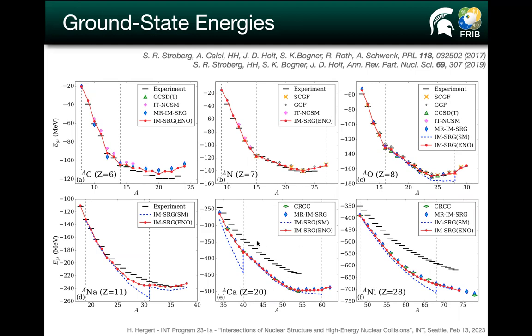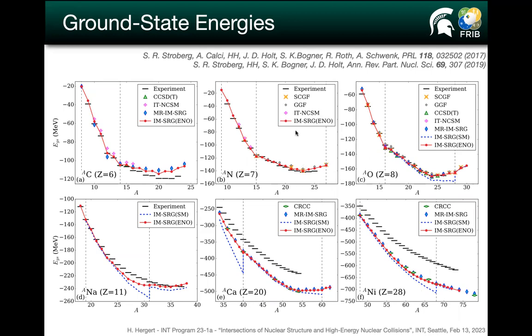However, you also notice that, now in the medium mass region, this Hamiltonian clearly doesn't work that well because it predicts overbinding. But it's not a fault of the many-body methods, because all the many-body methods are consistent within their truncations now, I would say. It's really a problem with the interactions that we're exploring there.